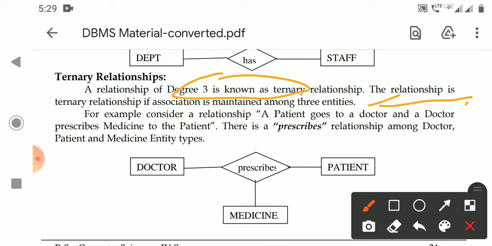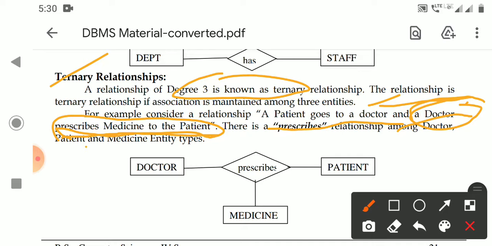For example, in hospitals, a patient goes to a doctor and a doctor prescribes medicines to the patient. See here one word: a doctor prescribes medicines to a patient.